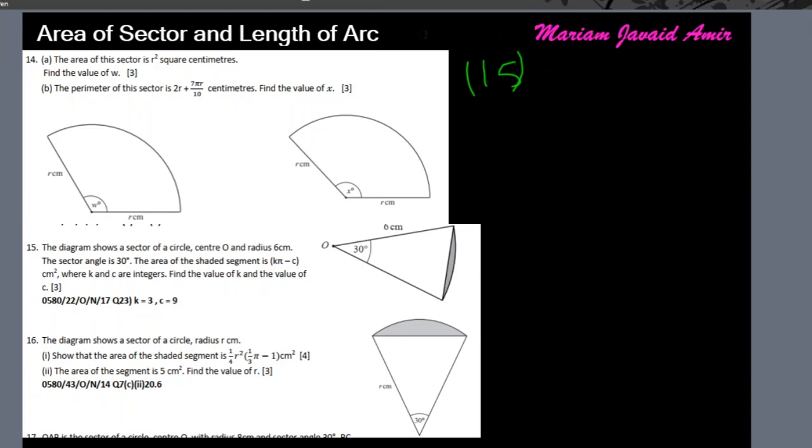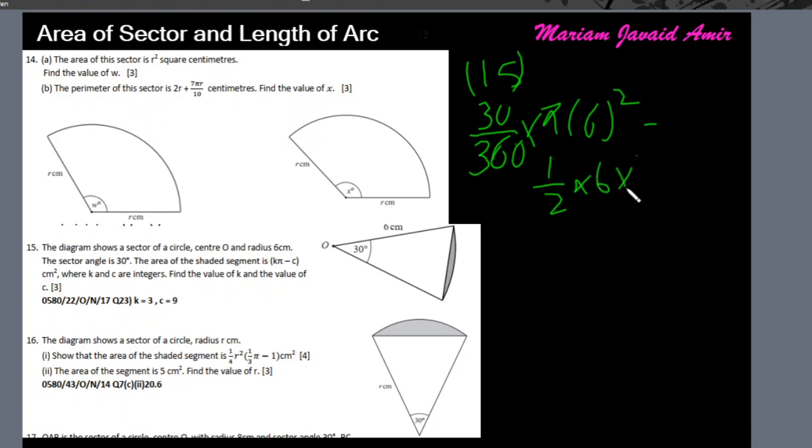So we have to find the area of the sector, which is the total area. The area of the shaded region is the total area minus the area of this triangle. The area of the triangle is half times 6 times 6 times sine 30.